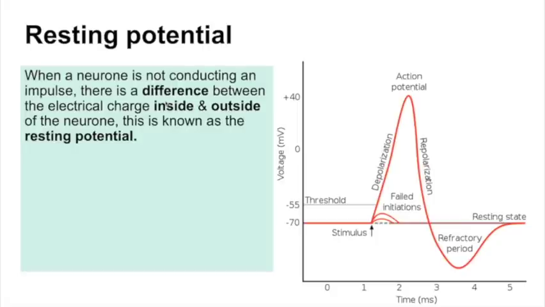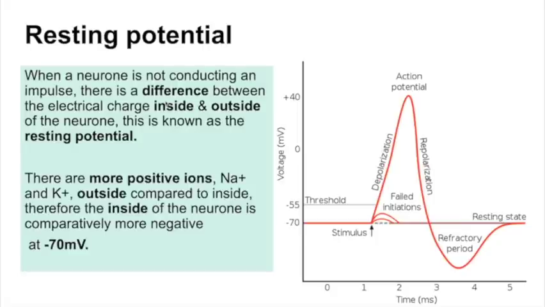And we call that difference the resting potential. There are more positive ions, the sodium ions and potassium ions, outside compared to inside of the axon. And therefore the inside of the neuron is comparatively more negative. And that is why the resting potential is minus 70 millivolts.